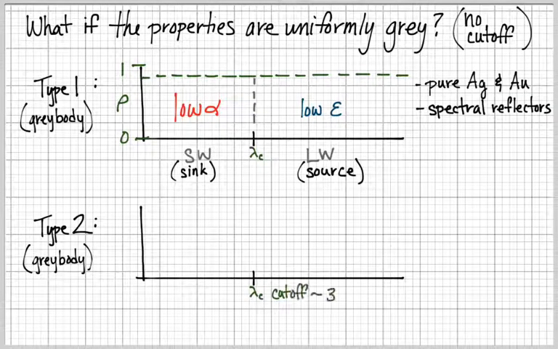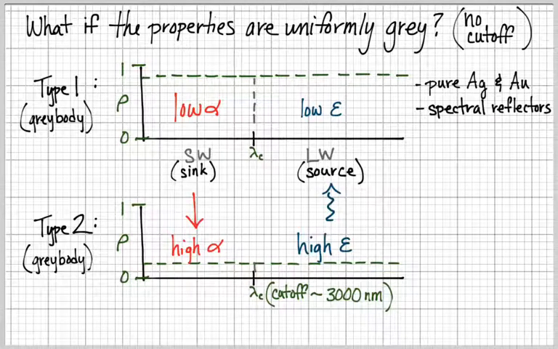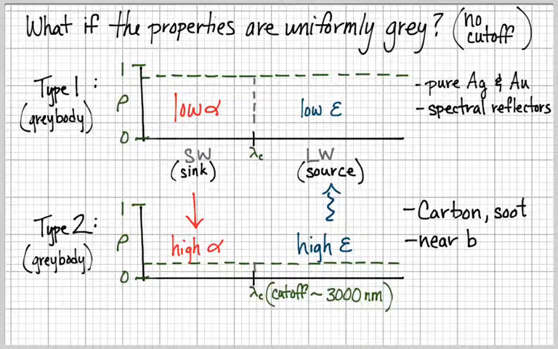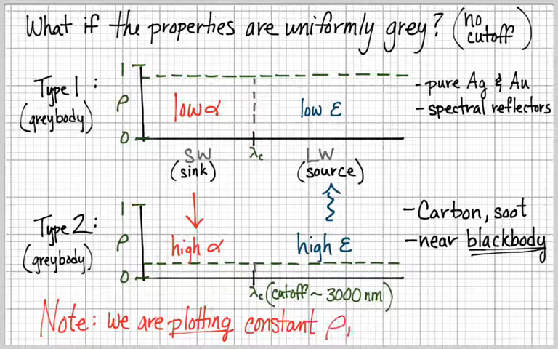It's going to be uniformly dark, a low reflectance across all wavelengths. So high absorptance, high emittance, which is more of our classic carbon or soot materials, a near black body material. If we want a real black body material, we pick carbon or soot for that purpose.